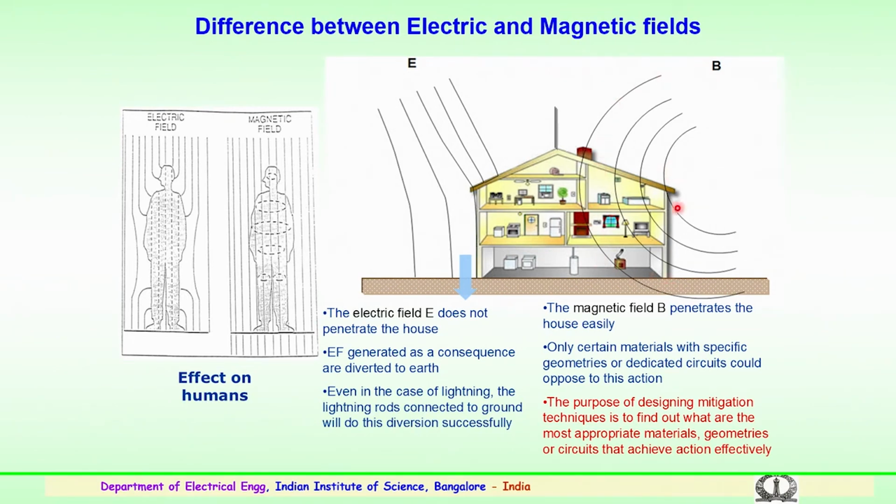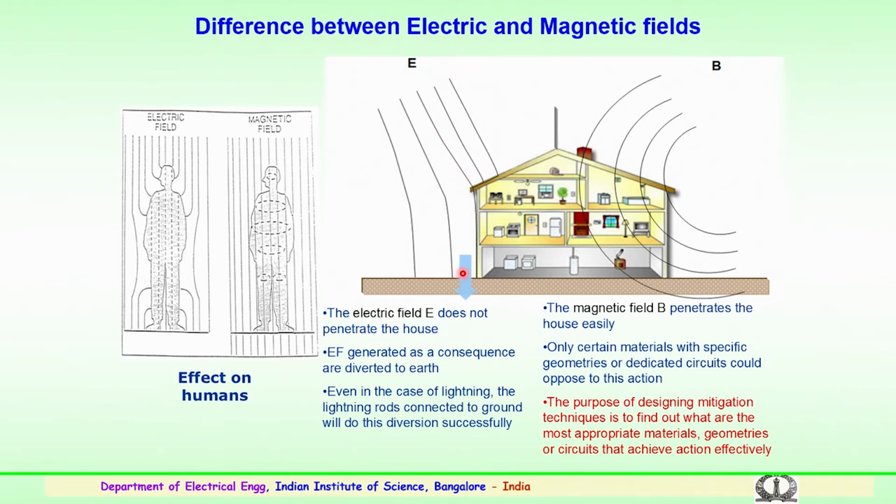So, a very important factor. A similar explanation is given here. The electric field does not penetrate the house, that is to be noted. Electric fields generated as a consequence are normally diverted to the earth through the grounding arrangement.